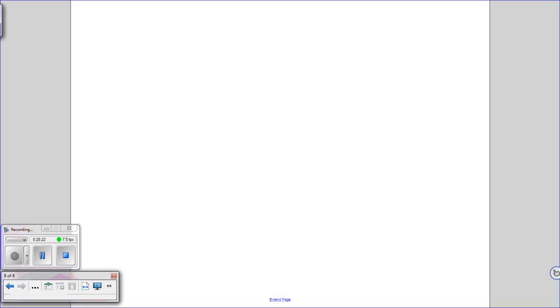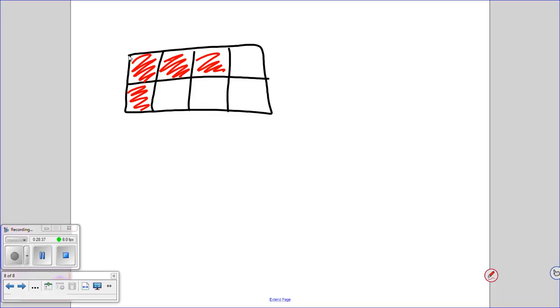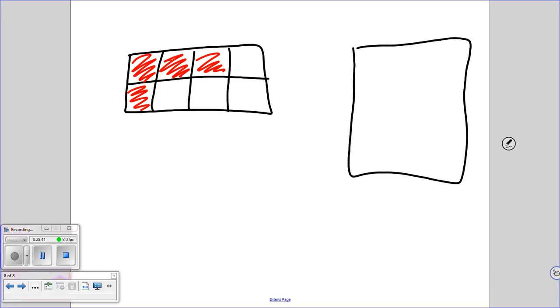So for number 2, the problem looks like this. And this is a great question, Lauren. What was it, 8? Yep, and then it's 4 shaded like this. Lauren wants to know, well, can we do this and still have the same fraction? Yes. All right, let's look.